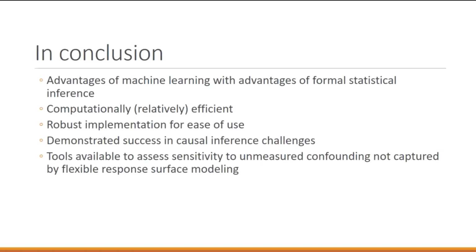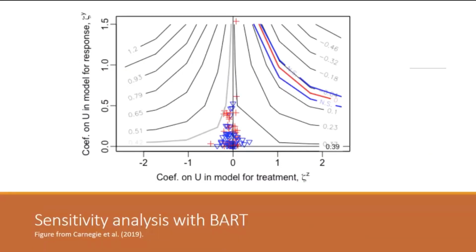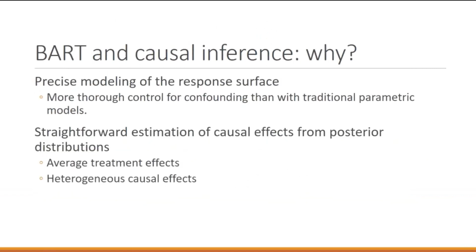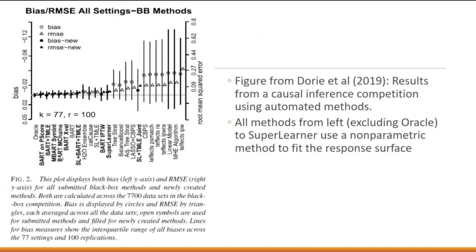Yes, in the 2016 competition, which I showed you the results for bias and RMSE here, you can see that BART, just plain old, under the R equals 100, has very small RMSE, and part of that is because it is underestimating the uncertainty in the results.